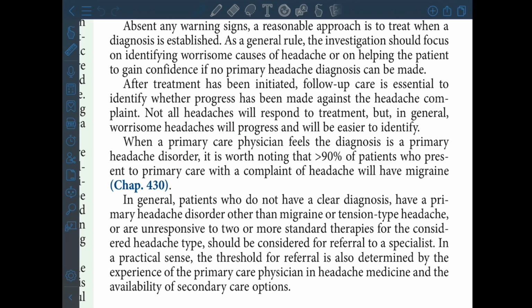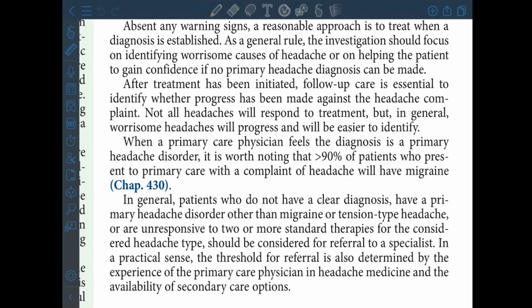After treatment has been initiated, follow-up care is essential to identify whether progress has been made against the headache complaint. Not all headaches will respond to treatment, but in general, worrisome headaches will progress and will be easier to identify. When a primary care physician feels the diagnosis is a primary headache disorder, it is worth noting that more than 90% of patients who present to primary care with a complaint of headache will have migraine.